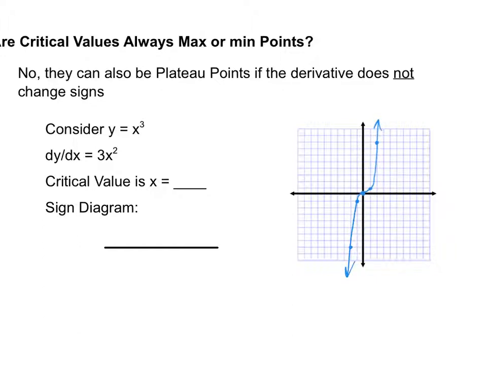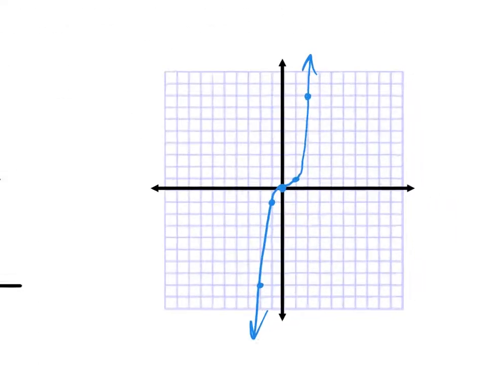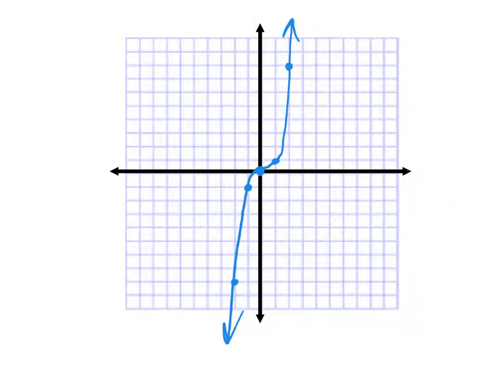Now, you can see here, just looking at the graph, we can obviously tell that there are no max or min points there. However, we do have this point right in the middle where it kind of looks like we're going to have a max or min, because it levels off. But then we changed our mind and we decided to keep increasing. Okay? And that's what we call a plateau point.